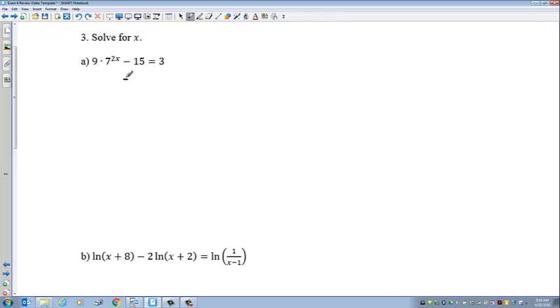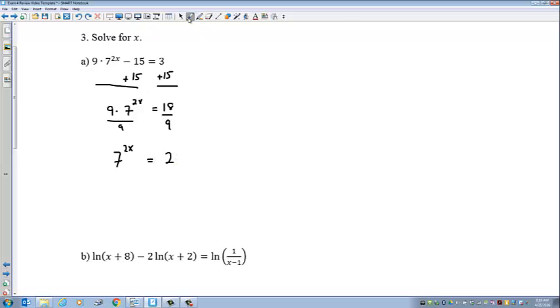So first we'll add 15 to both sides. And we'll get 9 times 7 to the 2x equal to 18. We'll divide out by the 9. And so my goal is to get this 7 to the 2x by itself, and then I can ln it. And so when I divide out by 9, I get 7 to the 2x equal to 2.